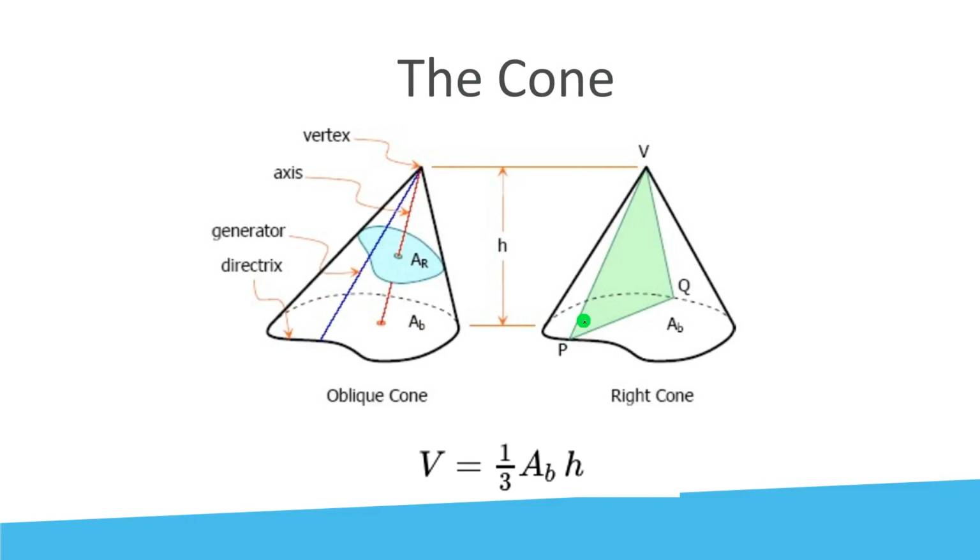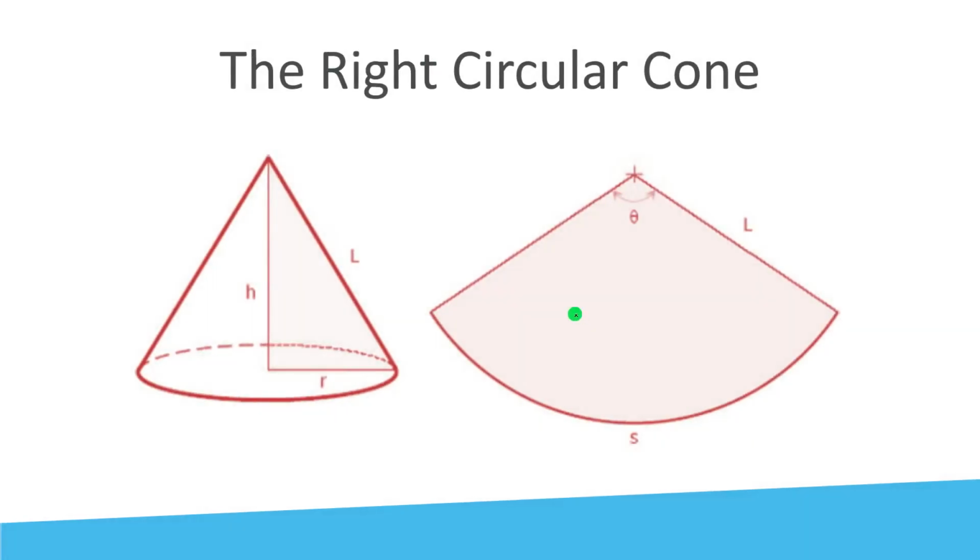We use the formula 1/3 area of the base times the height. Same applies with the pyramid. So as you can see here, if we have a right circular cone, when we unroll that cone, we form a sector of a circle.